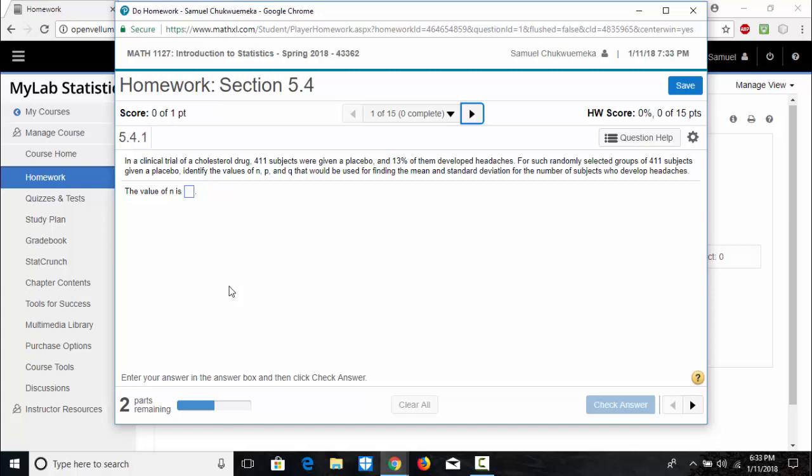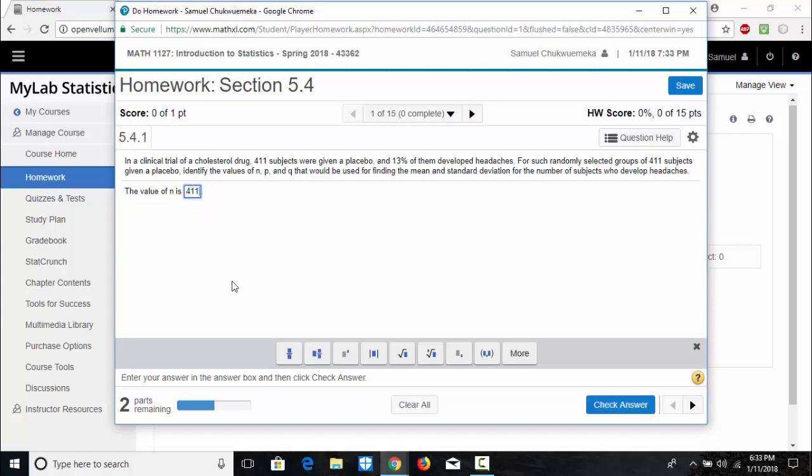For such randomly selected groups of 411 subjects given a placebo, identify the values of n, that's the sample size, p, the probability of success, q, the probability of failure, that would be used for finding the mean and standard deviation for the number of subjects who develop headaches. So in this case, n, the sample size, is 411.